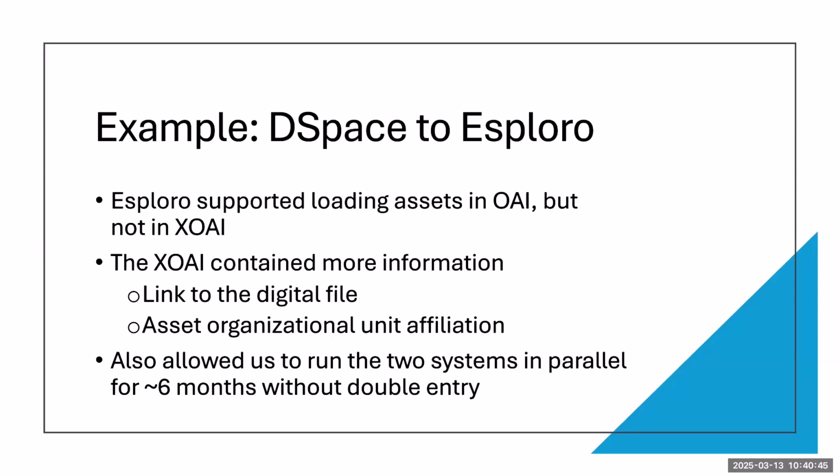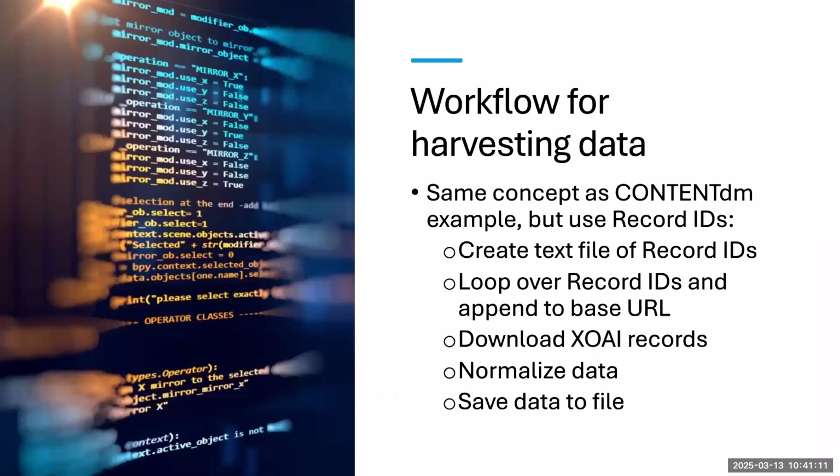A side effect of doing this ourselves was that it allowed us to run the two systems in parallel for about 6 months, where the person who entered information into DSpace wouldn't have to double-enter that information into Esploro. Instead, I created a system that would just grab that information as they inputted it, and then we could port it over to Esploro.